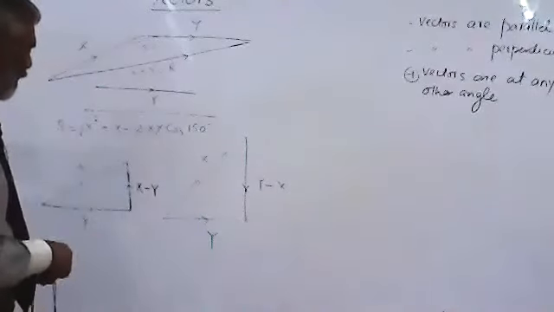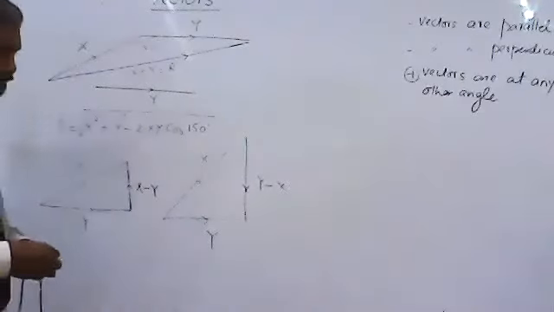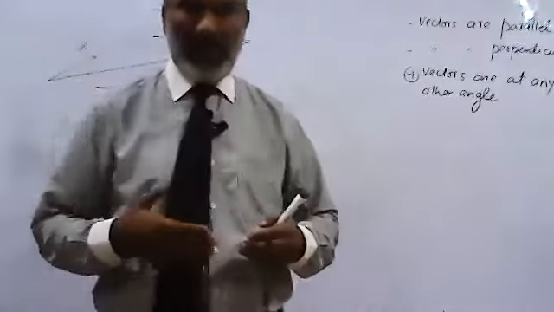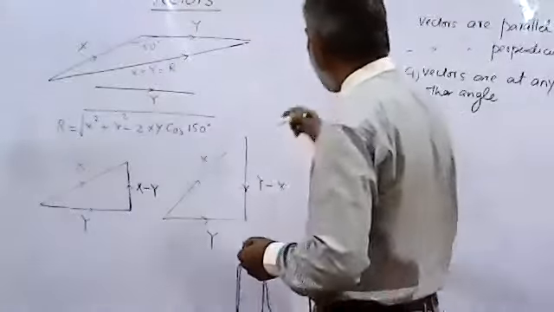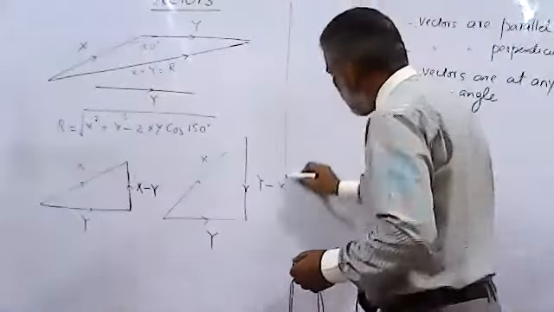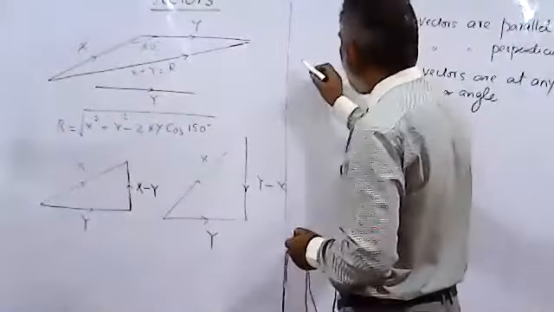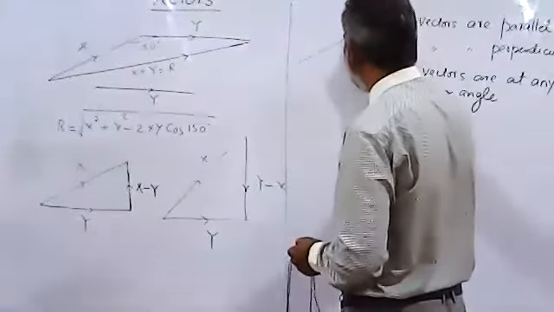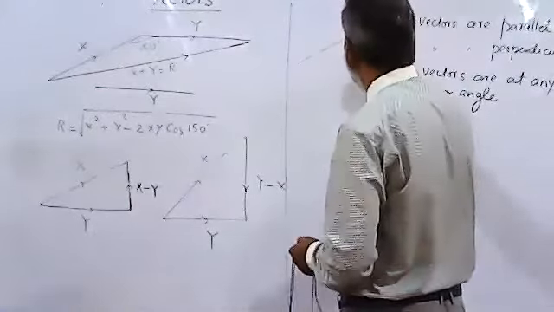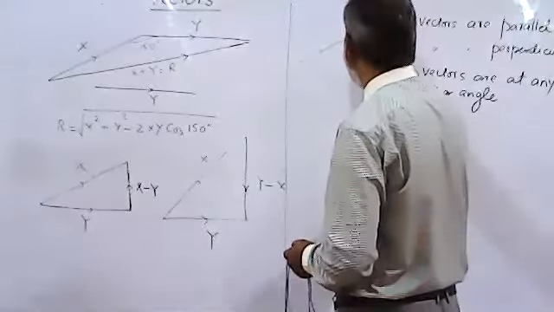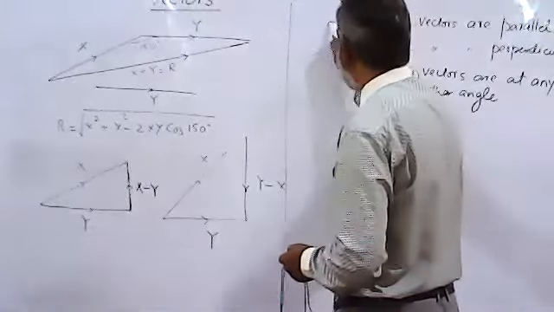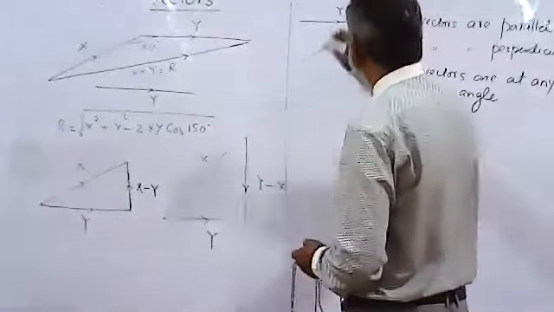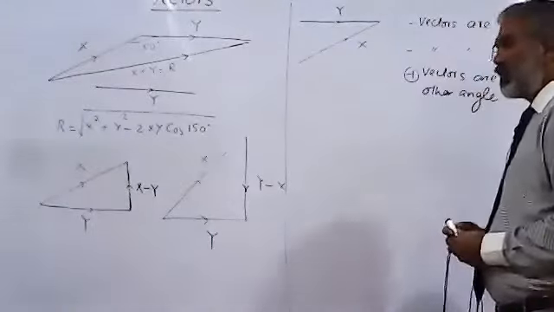But what if instead of the tails, vectors are joined at the heads? Like we may have a situation in which this is a vector x, but the vector y is drawn here. This is the vector y.